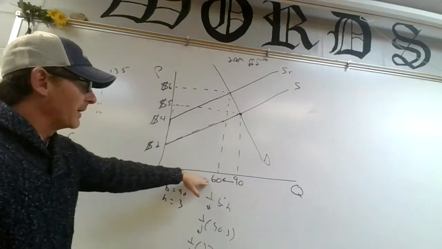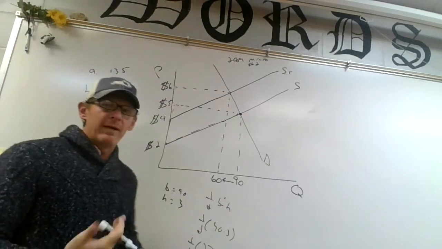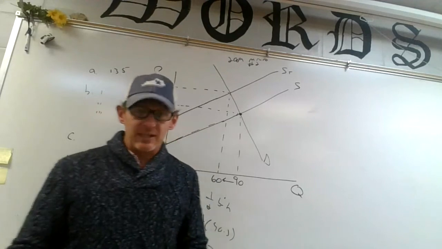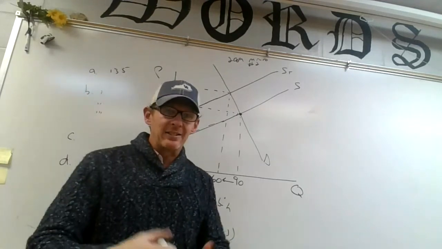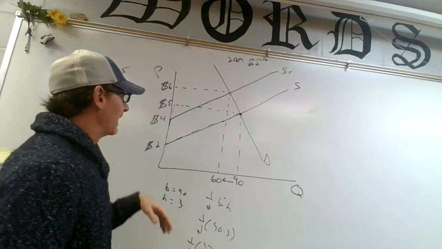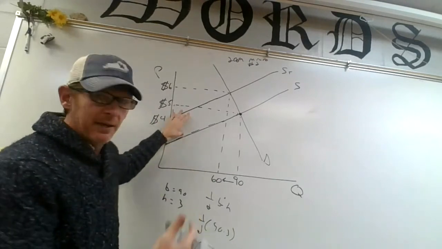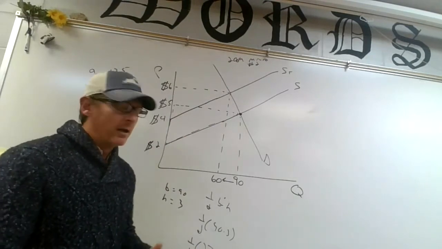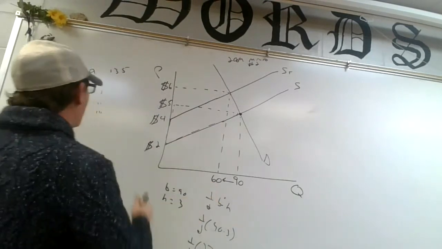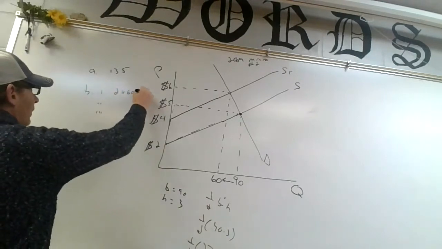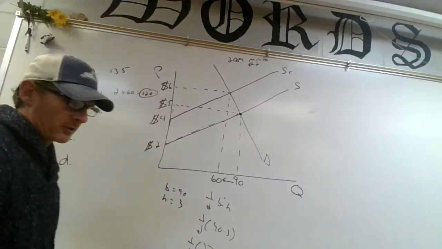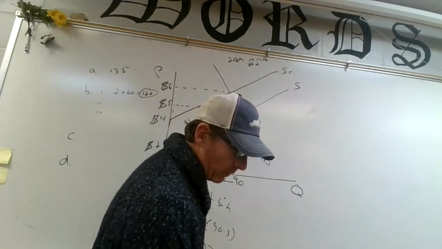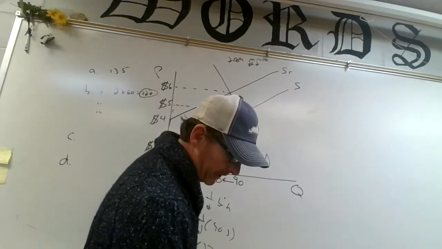The government collects $2 every single time the consumer buys a good, and the consumer is buying 60 goods. So it's 2 times 60, or 120, the tax revenue the government is going to collect.